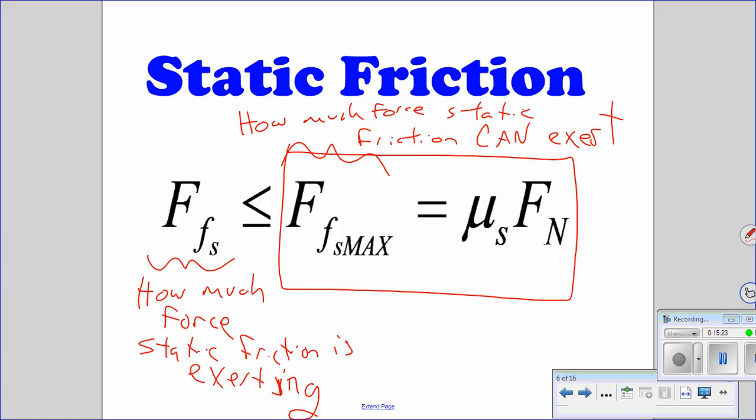That's like the maximum amount that it has in its belt. Cool? So it's like if you can lift 150 pounds, then the maximum you can lift is 150 pounds. That doesn't mean that every time you lift something, you only lift 150 pounds. That's just the maximum you can exert.